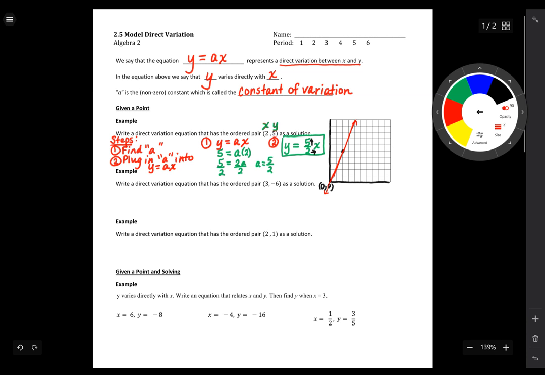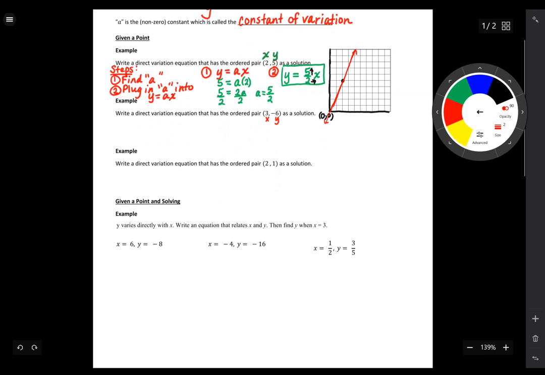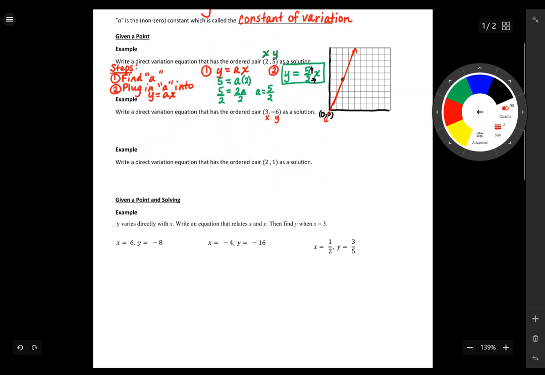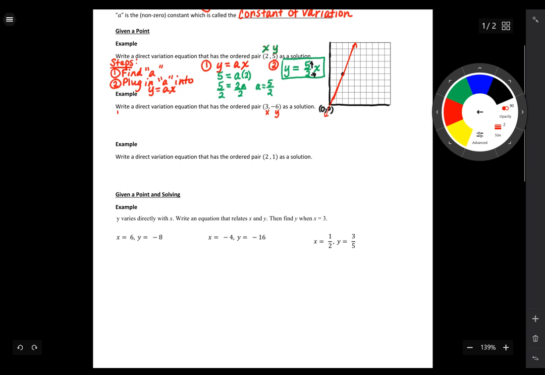Right. Next example. Write a direct variation equation that has the ordered pair 3, -6 as a solution. So x, y. We're going to do several just so you get the hang of it. So this time I won't write down what steps to do, but I will still number this process. So step 1 is start with our direct variation equation. Step 2, replace y with -6, a with nothing, x with 3.